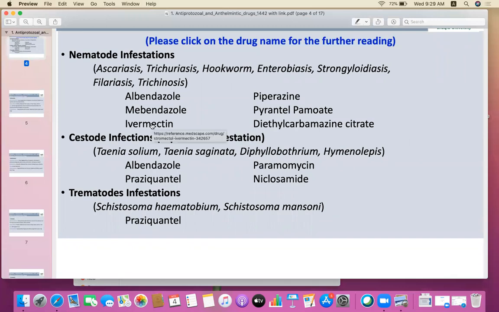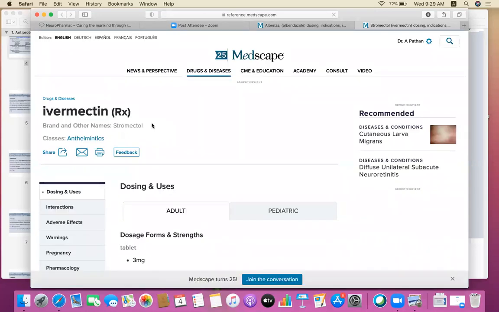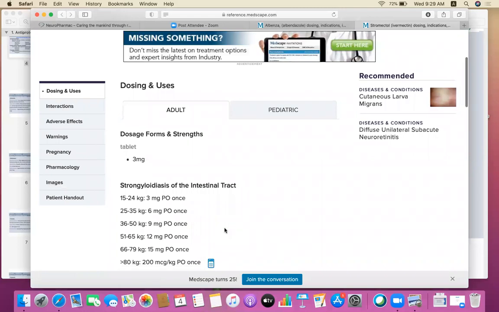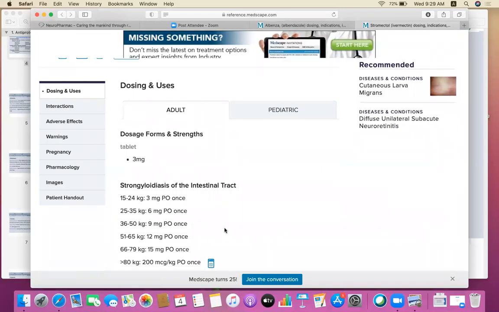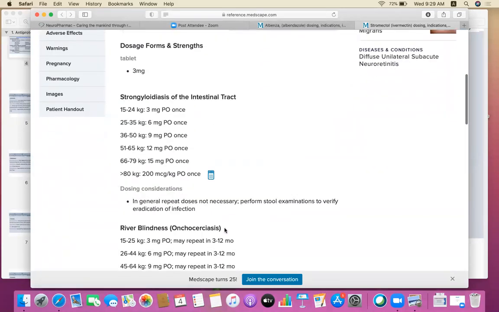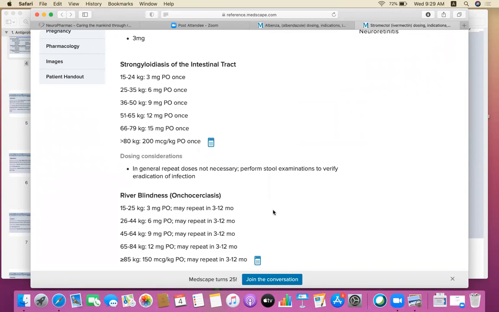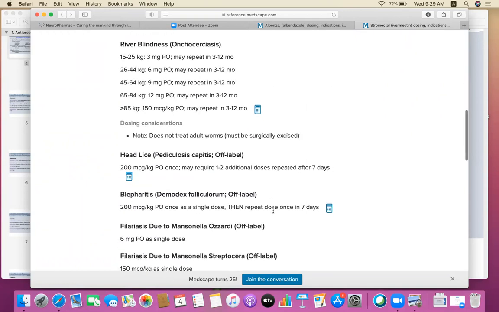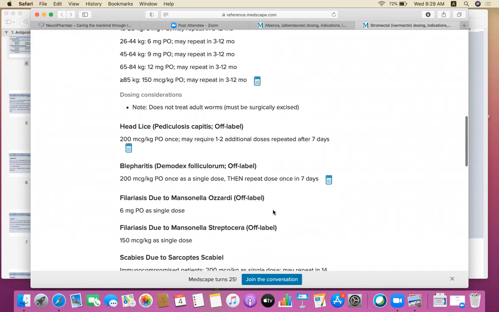You will land on the ivermectin further reading, and these are the indications: strongyloidiasis of the intestinal tract, which are parasitic, or helminthiasis, infections; river blindness, which is onchocerciasis; head lice, off label; phlebitis, off label; filariasis, off label.